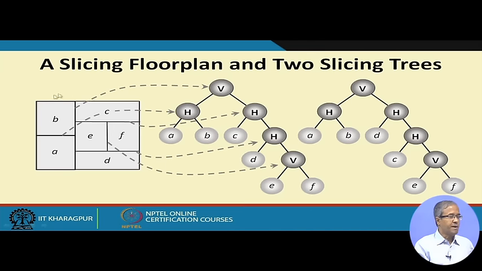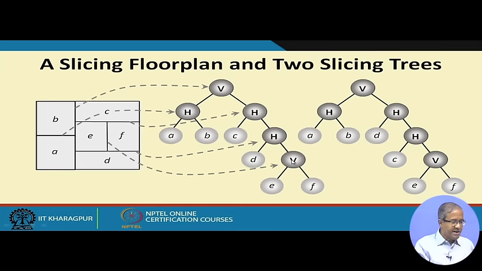Let us take an example. Suppose I have a floor plan like this, A, B, C, D, E, F. There are 6 blocks which are placed on the floor like this. Now, this tree on the left represents one possible slicing tree. Let us see how it is done. Let us start from the leaf side.